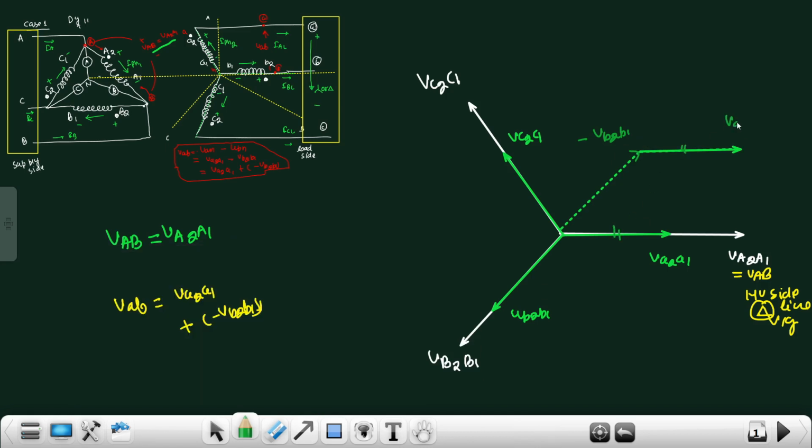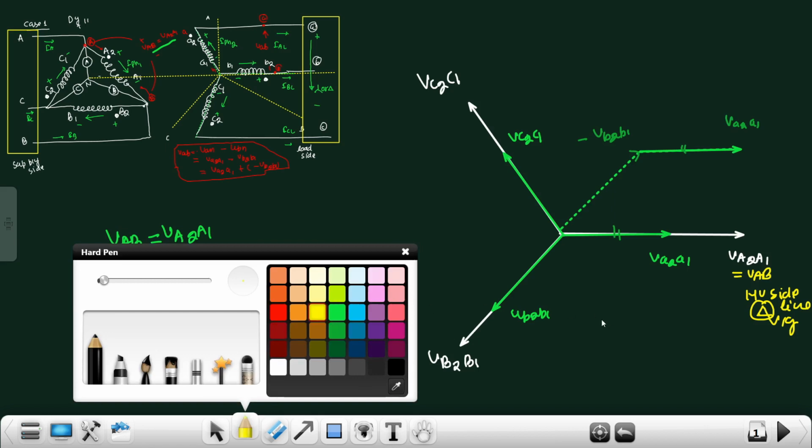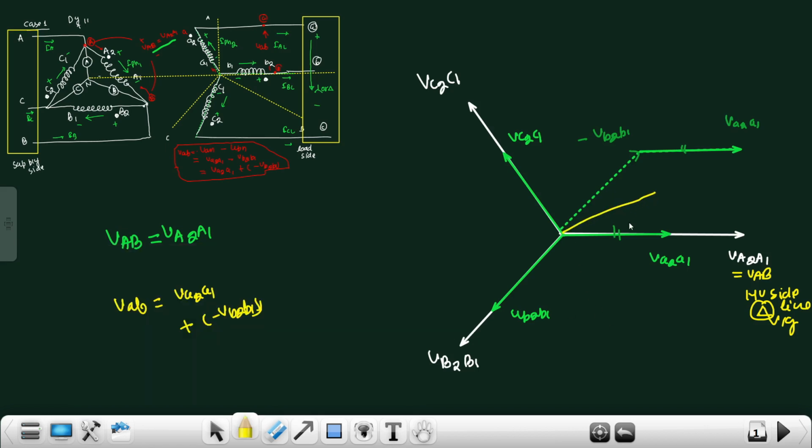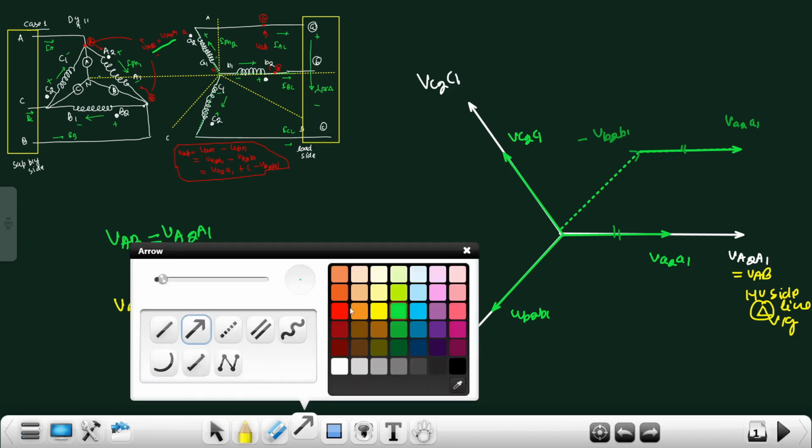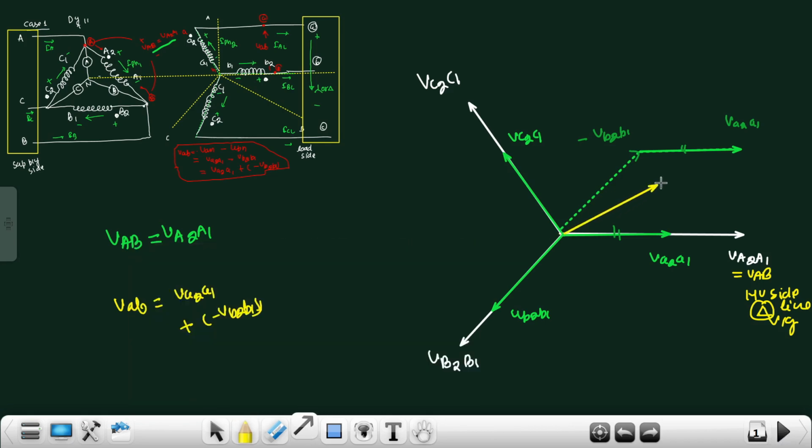So this is representing VAB of the LV side line voltage. Okay, this is a small vab which is representing the LV side line voltage.